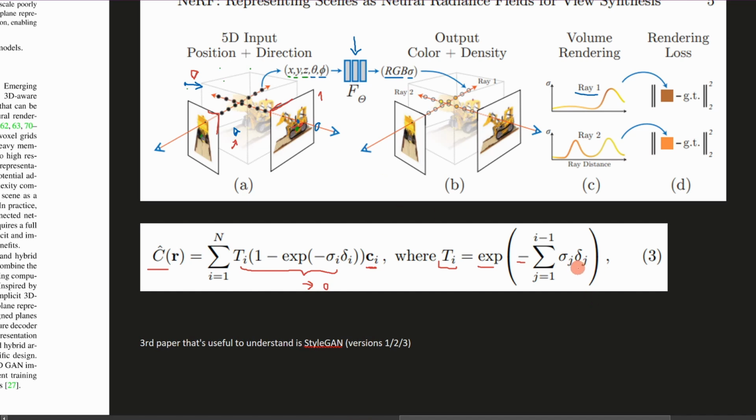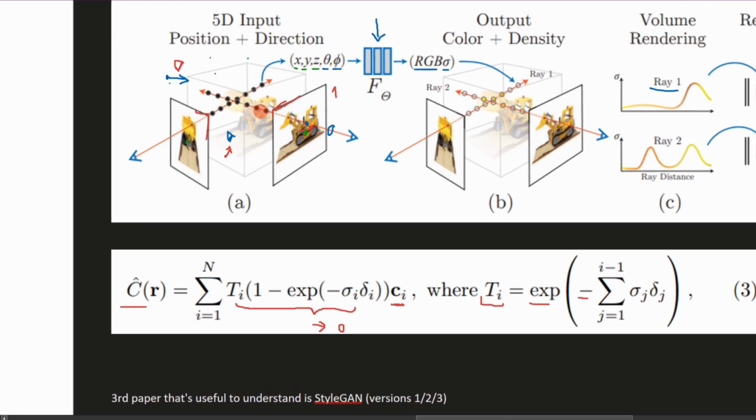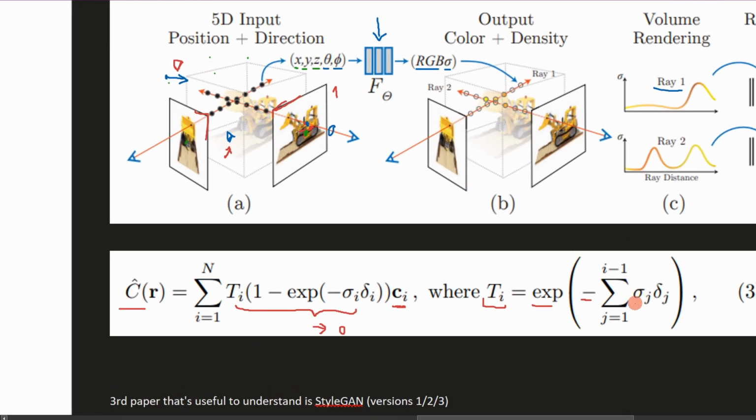So again, these deltas are just these distances. Let me zoom in here. The delta j's are just the distance between these successive points that we are sampling. The sampling here seems to be uniform, but in reality they're using stochastic sampling so that we can query the NeRF, the MLP, continuously across this whole space.